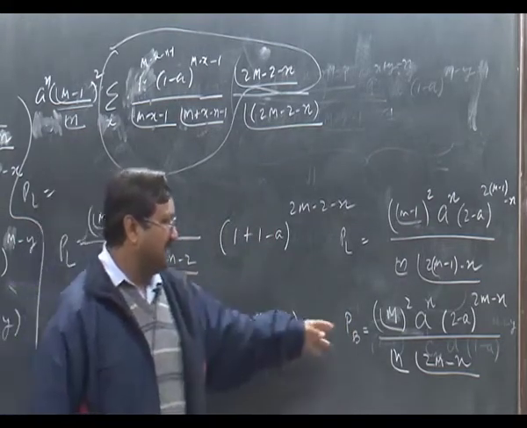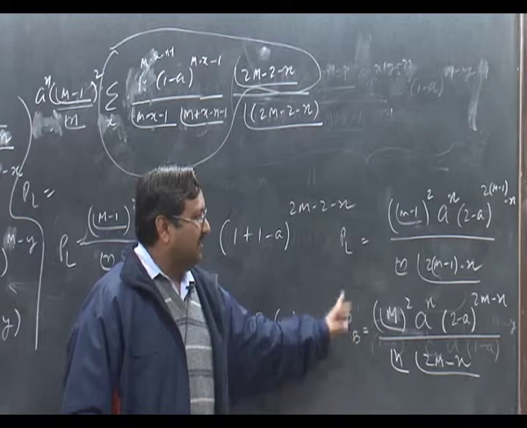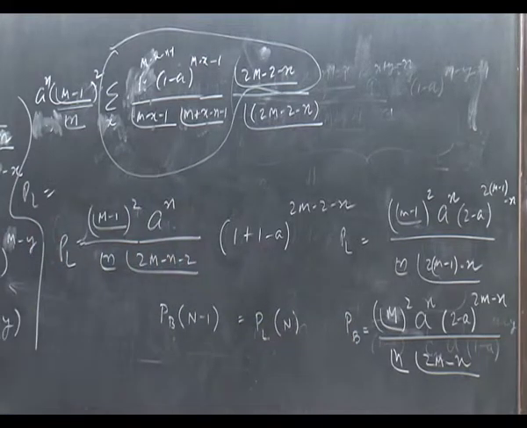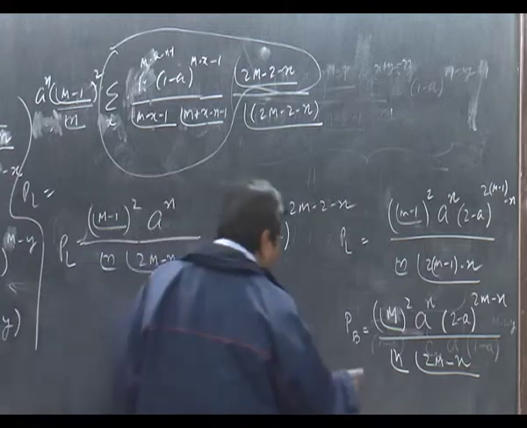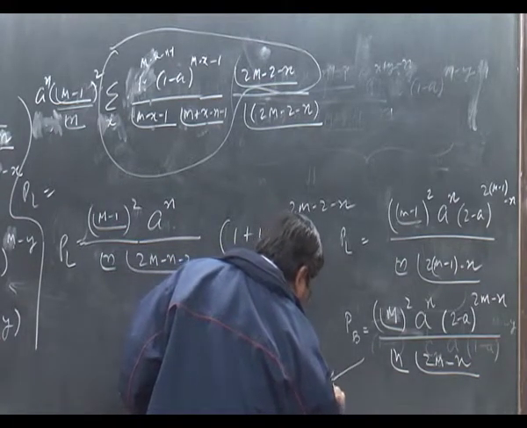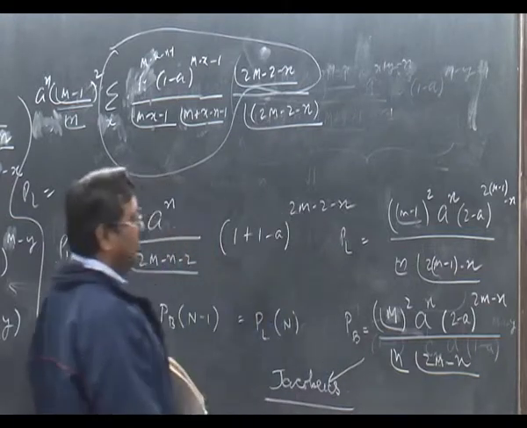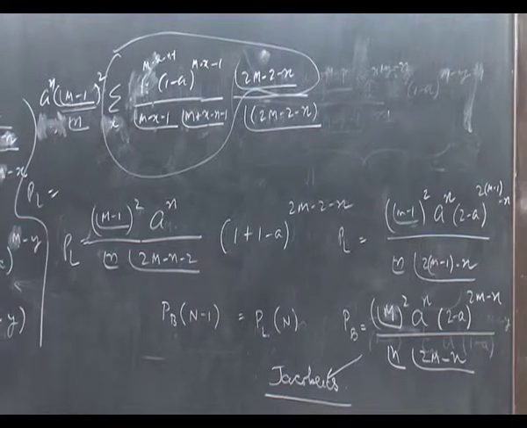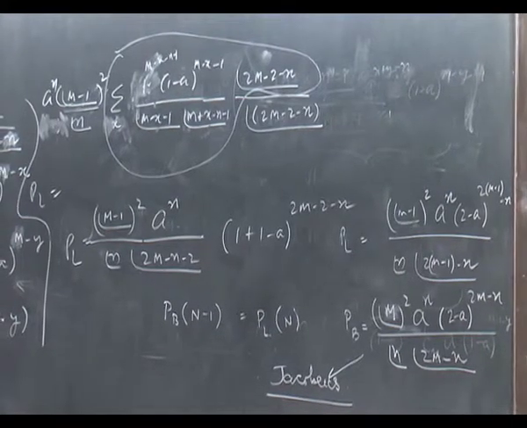Jacobaeus got this expression. And can you observe these two and these two? The same relationship still holds. So there is an alternative approach through Jacobaeus, the name of the gentleman who did this alternative derivation. So that gives you the call blocking probability.